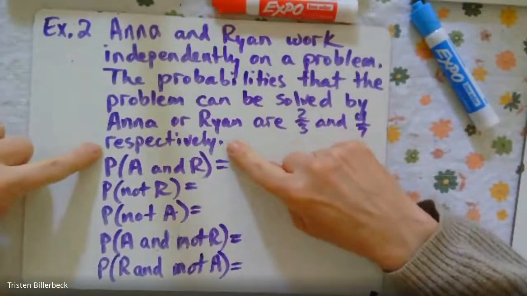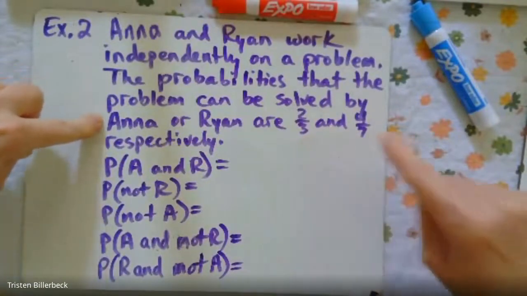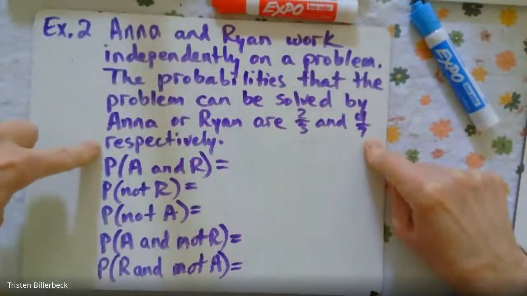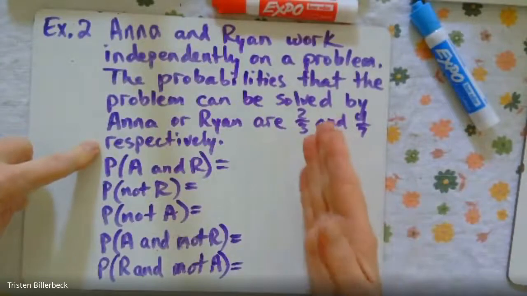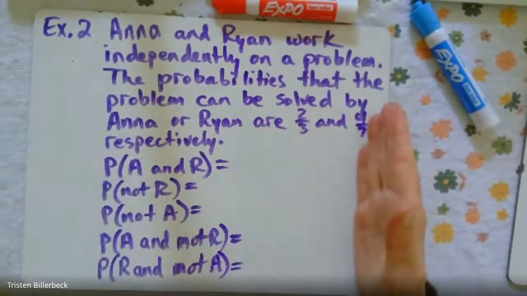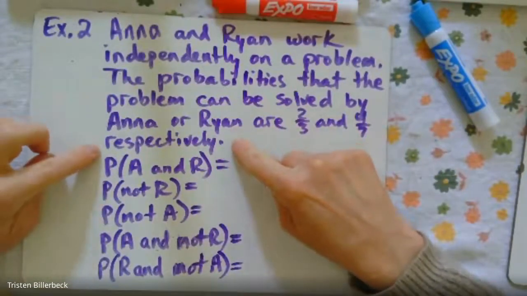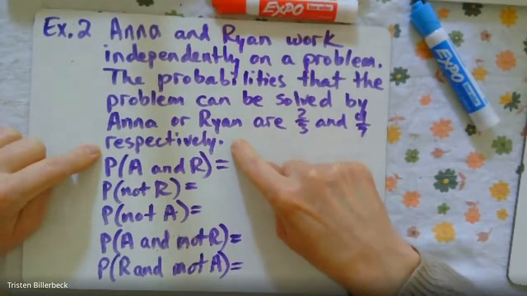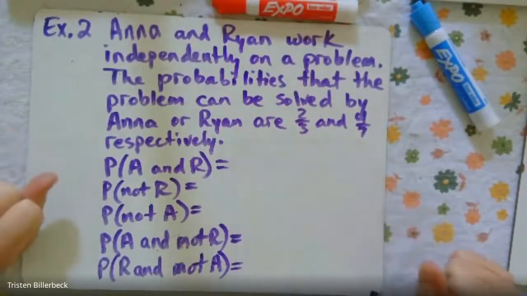This word respectively means the first number goes with Anna, the second number goes with Ryan. So whatever comes first goes with the first person listed, whatever comes second goes with the second person listed. So that's the magic of the word respectively.